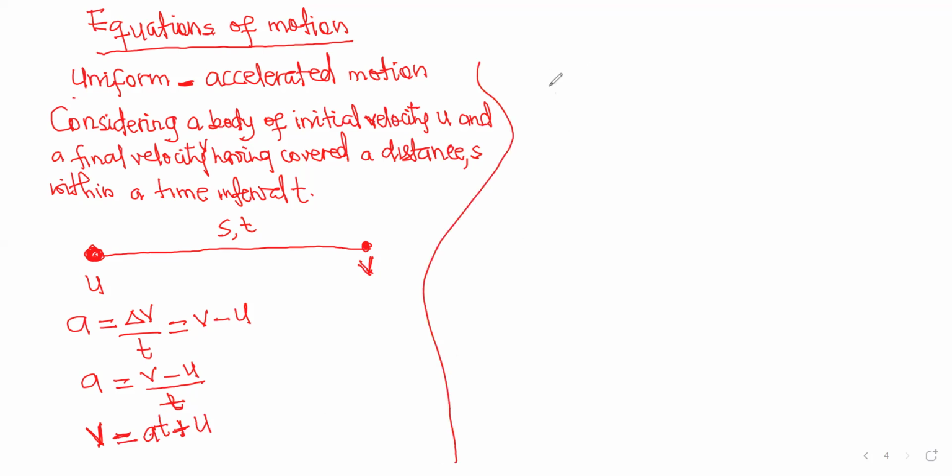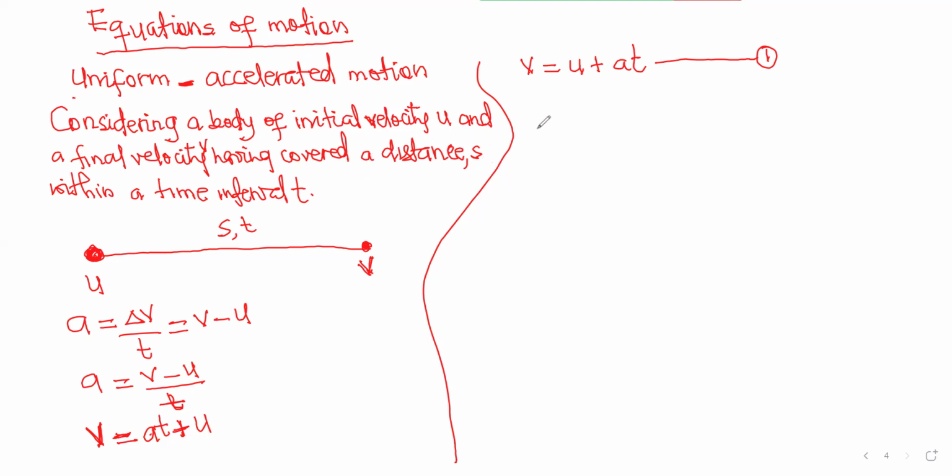So rearranging it, v is equal to u plus at. This becomes the first equation of motion, the first equation of linear motion. Are we okay?